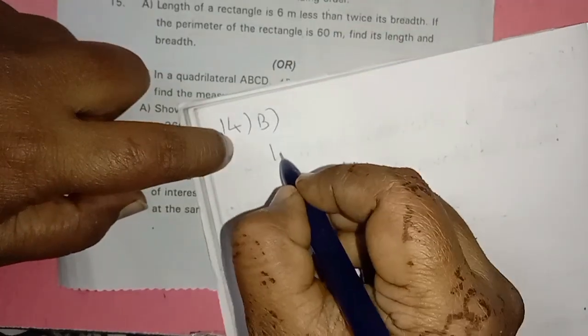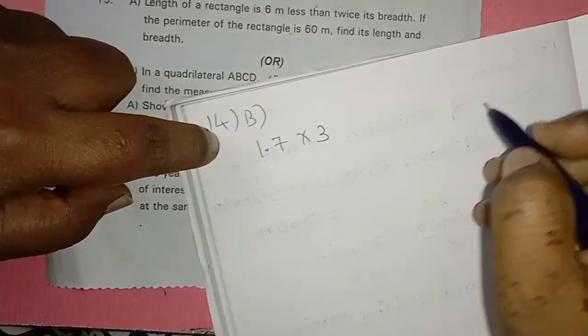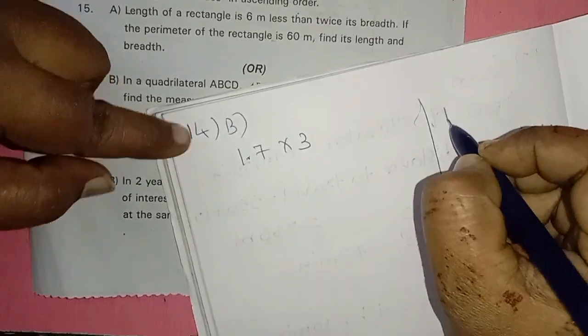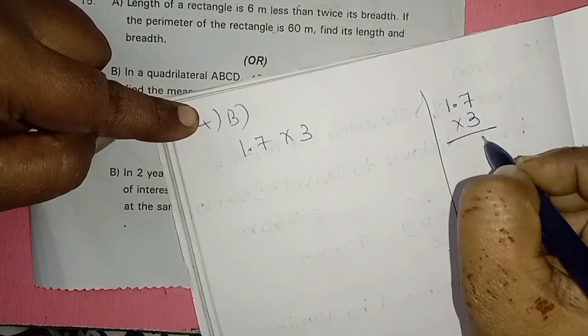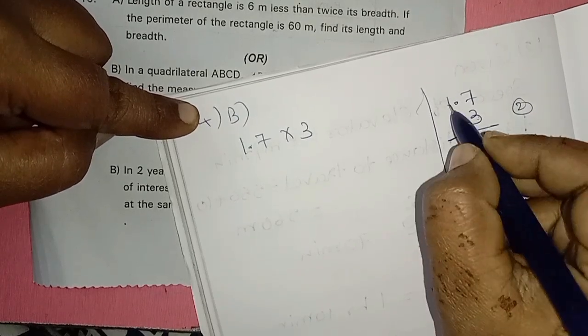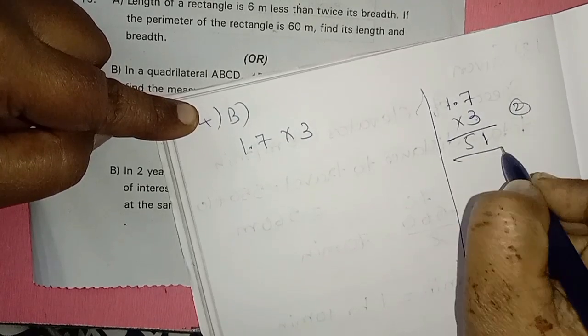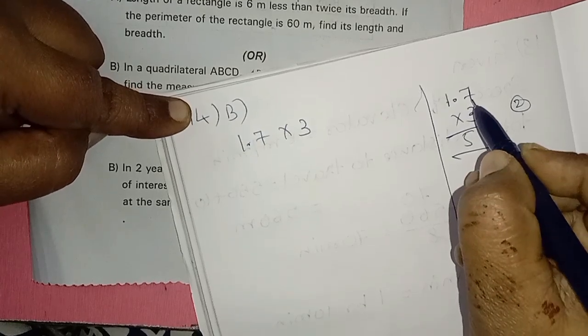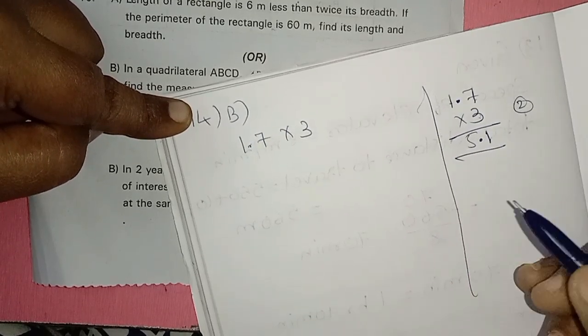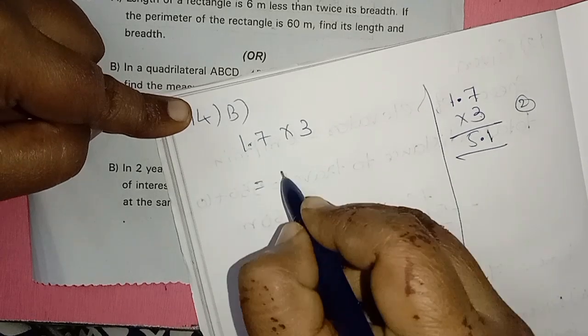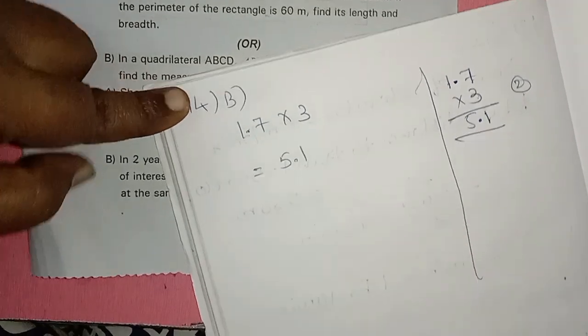What they are asking, 1.7 into 3, right? Simply do your rough work. Do normal multiplication. 7 3s are 21, 2 carry. 3 1s are 3 plus 2, 5. After one digit you keep your decimal point. So 5.1 is your answer.